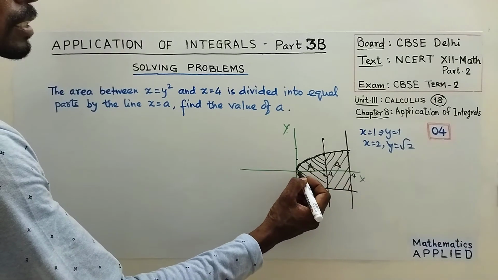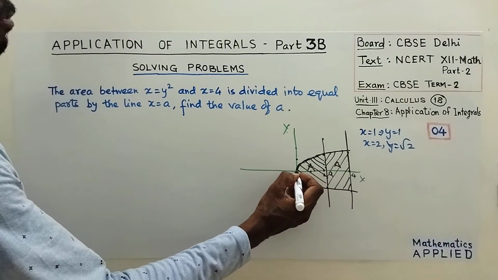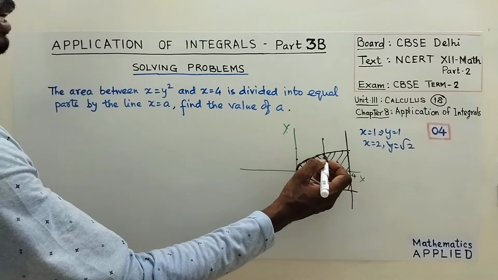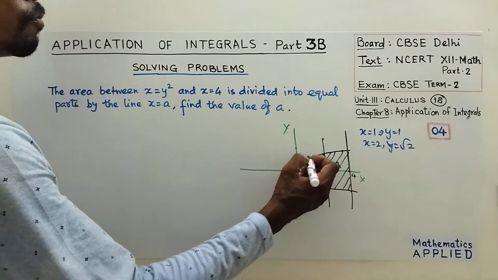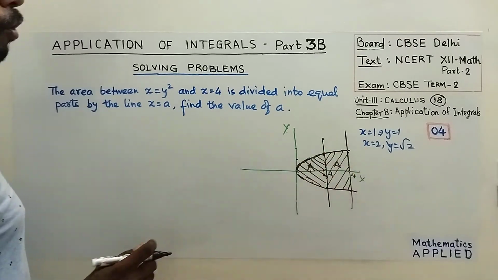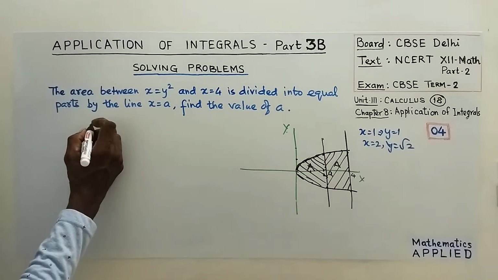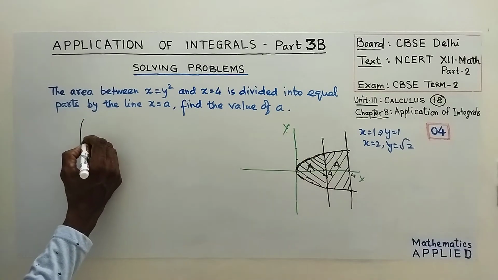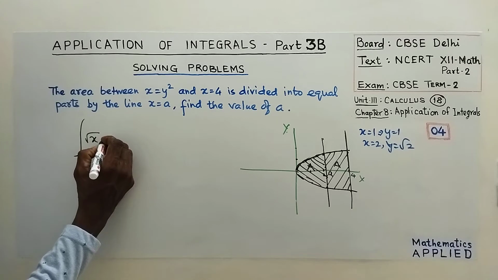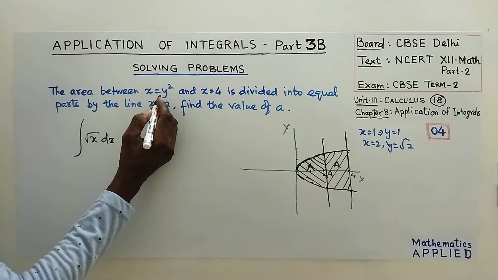Another way of doing it is to integrate this part from 0 to a. It should be equal to half of the area of this whole curve from 0 to 4. Half of this. So we will integrate the y of that, that is root x dx. Y means root x.